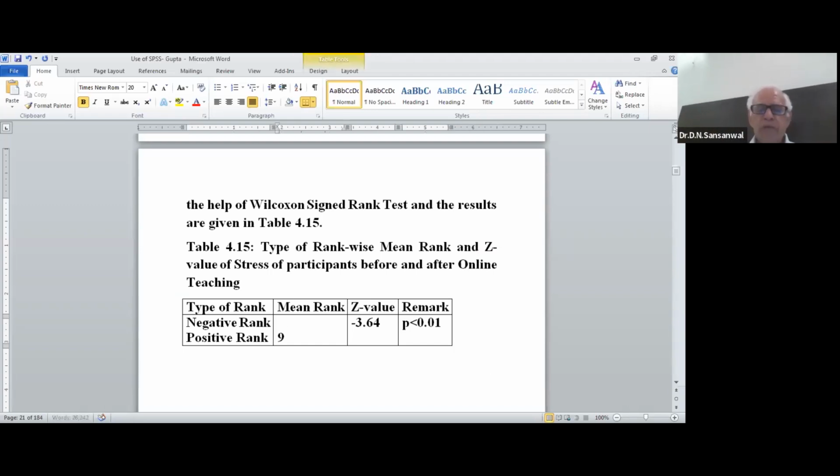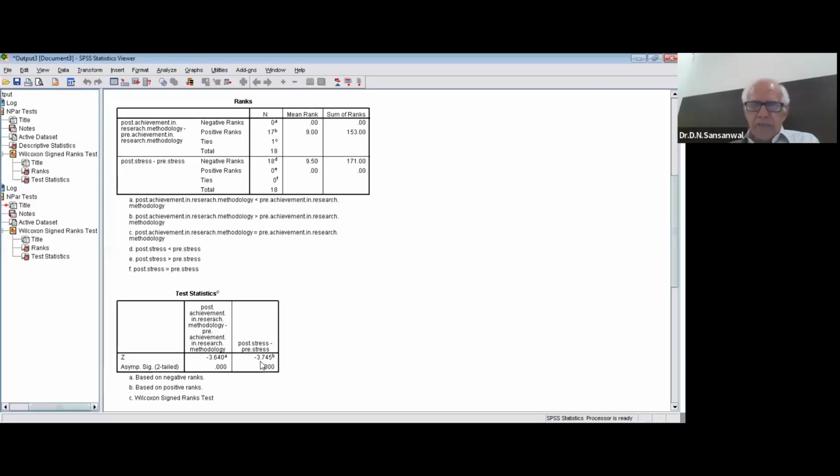Now let us see what the values were. You can see the values here. This is the output: post-stress and pre-stress, the Z value is minus 3.745. It is significant.